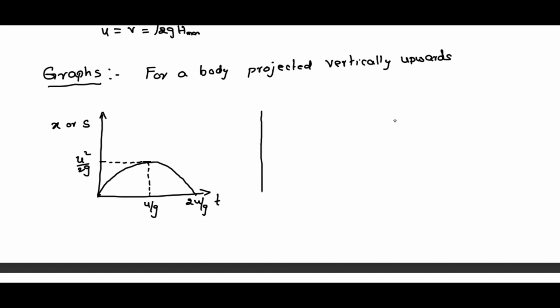And velocity time graph. Be clear here, v is velocity, not the speed. Initially, the velocity of the body is u.